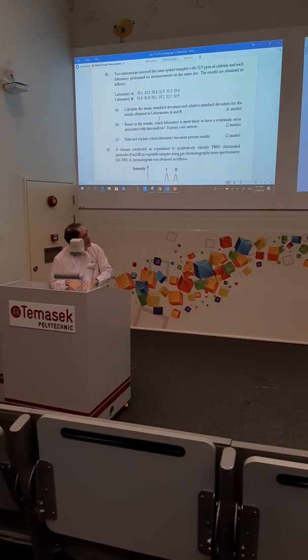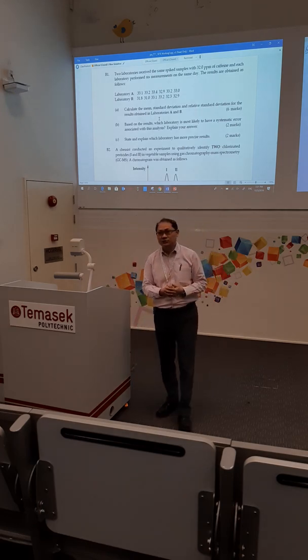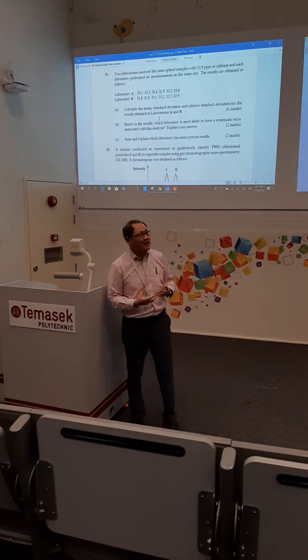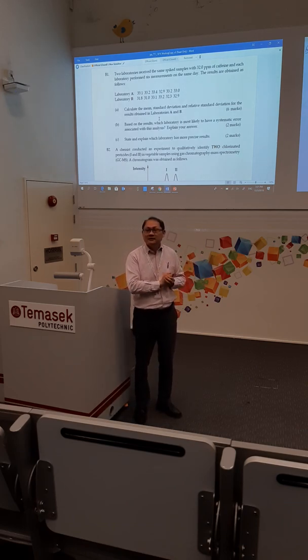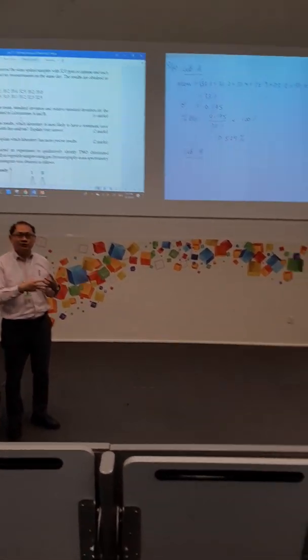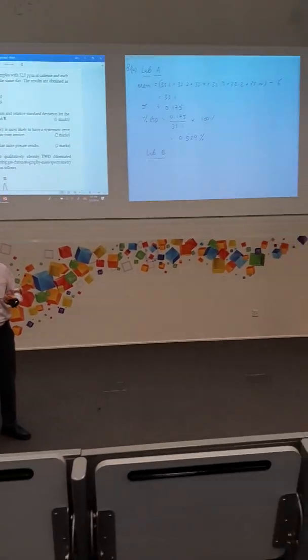Basically, we are asking you to figure out the fundamental statistical terms. Let's say we have a set of data, then how do we figure out the mean of the result, and the standard deviation?